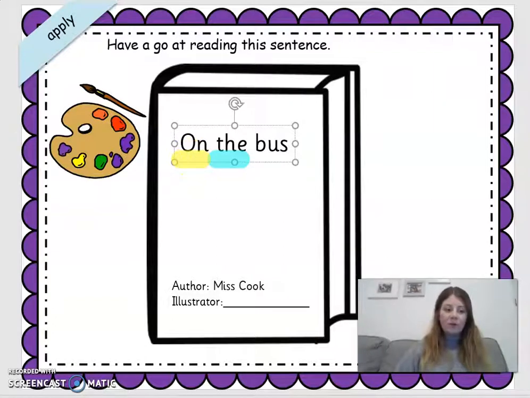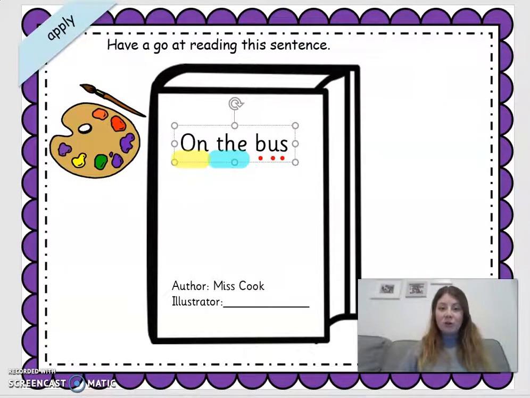And then we've got to put our sound buttons on for the rest of the sounds in the word. Okay, let's read it. On the bus. On the bus. Right, what could we draw for our title? We could draw a bus, couldn't we? Because it matches our title and it will tell people all about our story.